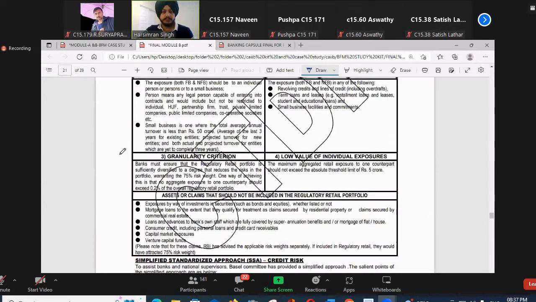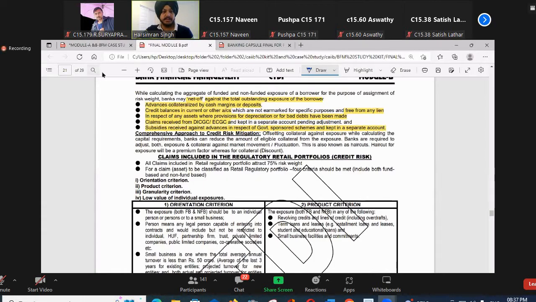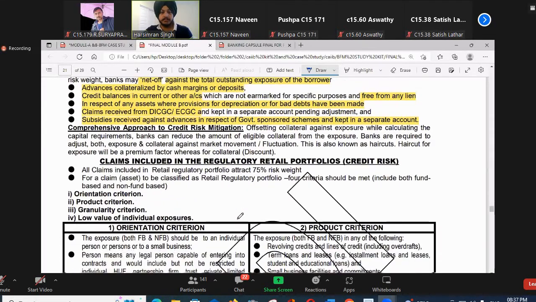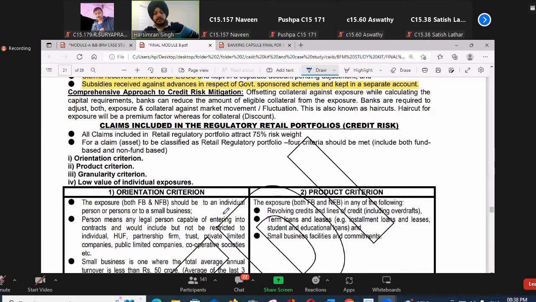Now, before I start with haircuts, first let me do this portion. The claims included in regulatory retail portfolio.